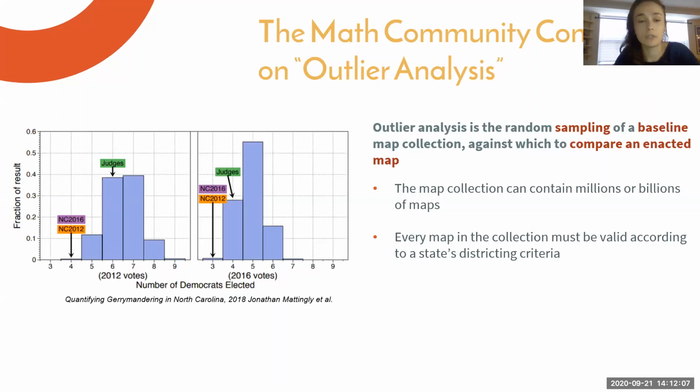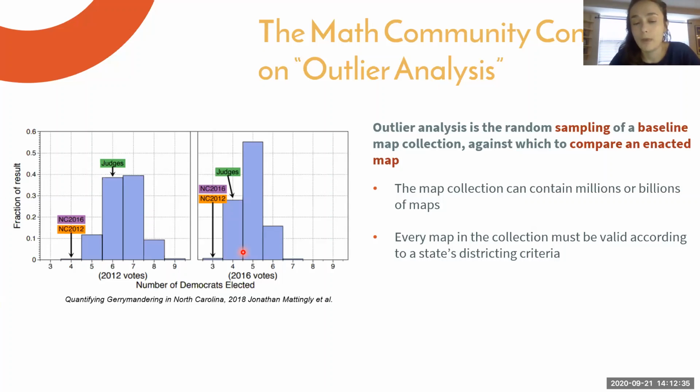So, for example, this picture on the left was produced by a group at Duke led by Jonathan Mattingly. This was again an analysis in North Carolina, and they generated 24,000 random North Carolina district maps that all follow North Carolina's basic redistricting rules, so they are at least valid in some sense.